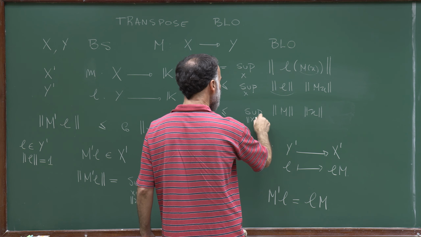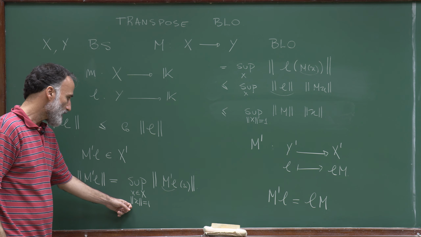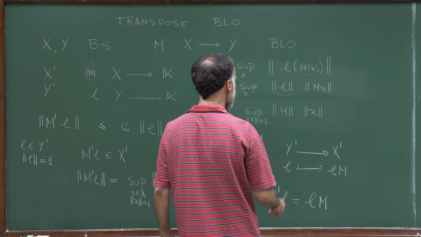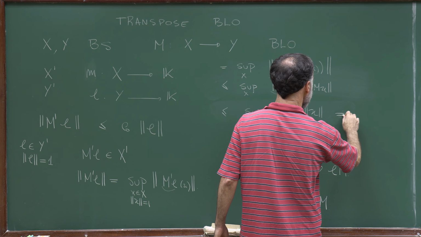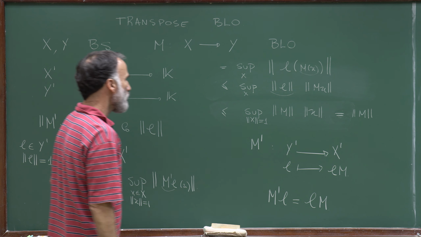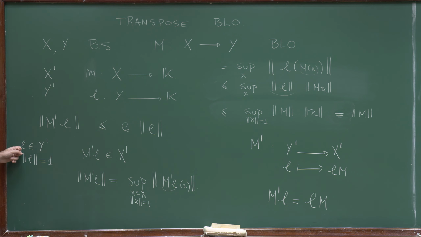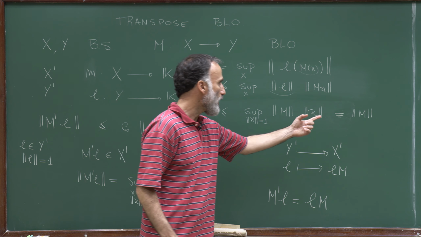And this supremum is carried over all points x with norm equal to 1. So again, the norm of x is equal to 1. So this is equal to the norm of M. So we proved in this computation that for all L, so for all bounded linear functionals defined on Y with norm equal to 1, the norm of M prime L is bounded by the norm of M.